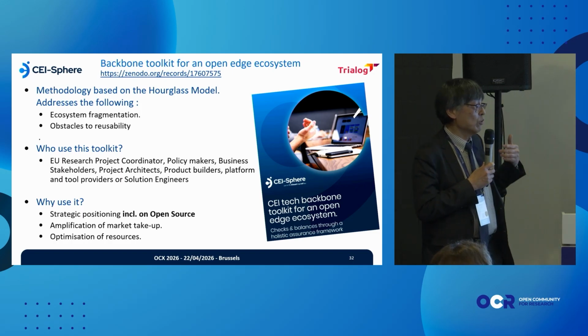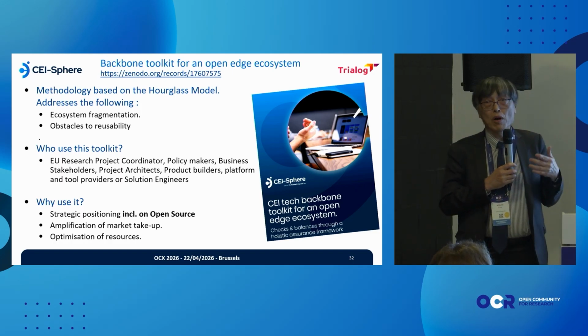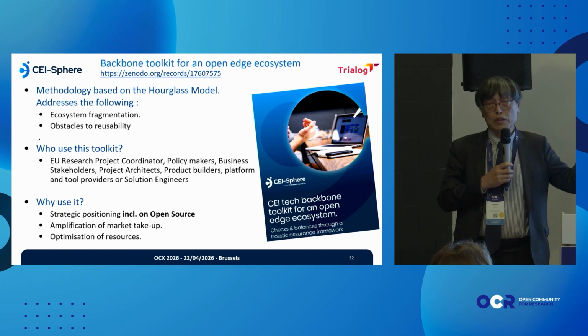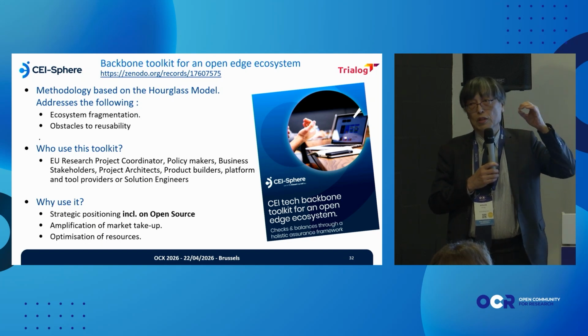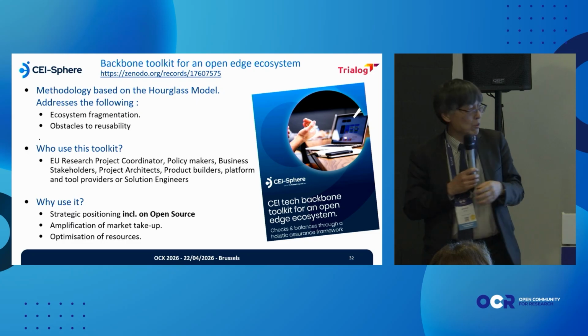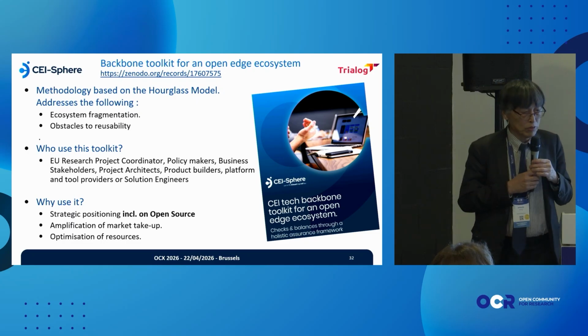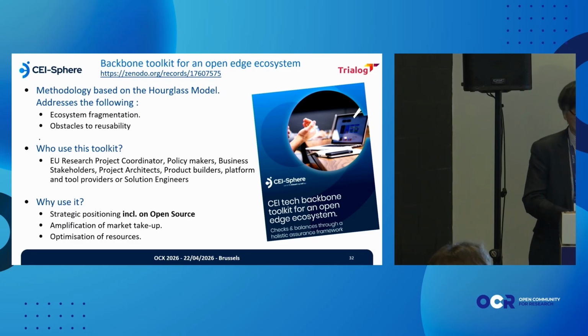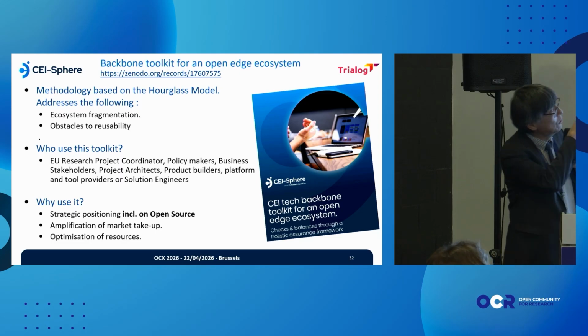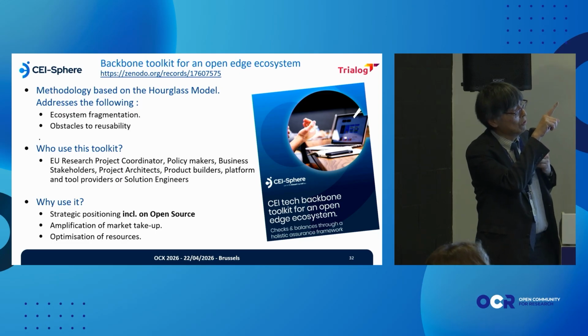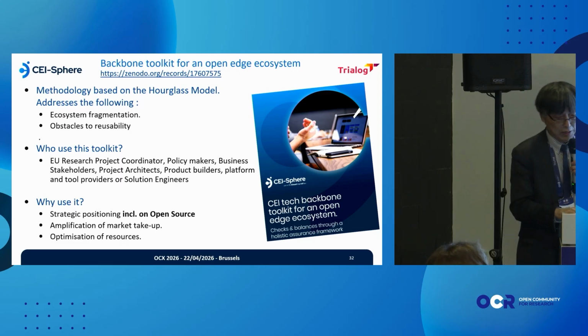And we want, of course, to amplify the market take-up, coming from technology push and market push to market pull. And of course, we want to optimize resources. So this is the toolkit. You have here the URL where you have the document which is explaining it.